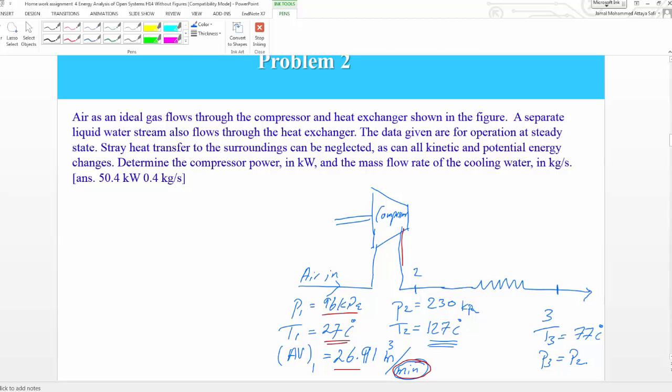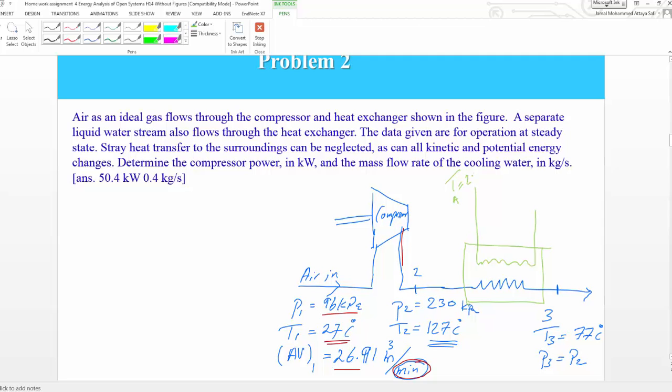Now a heat exchanger, I will use a different color. We know what a heat exchanger is. A heat exchanger is a device used to cool down one fluid, or of course to heat up one fluid. But in this case, I'm interested in cooling down the air, so I send cool water, we call it TA.